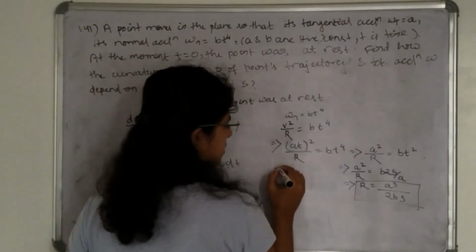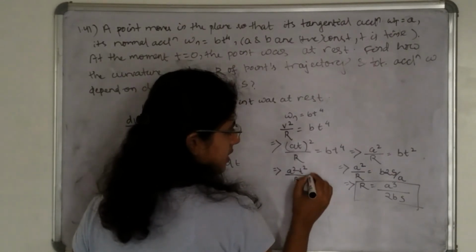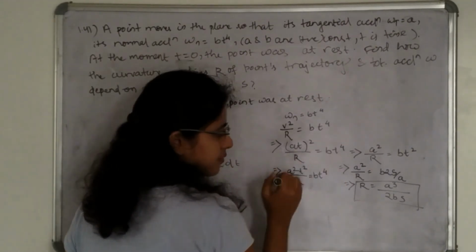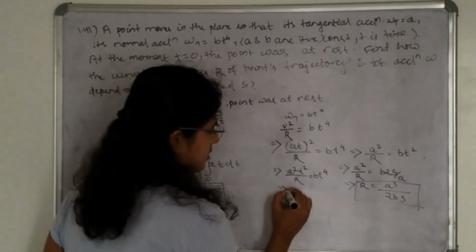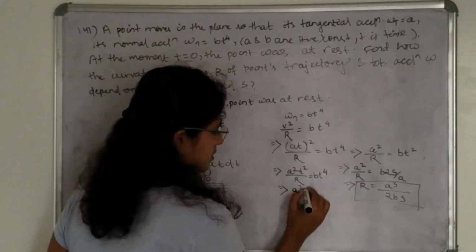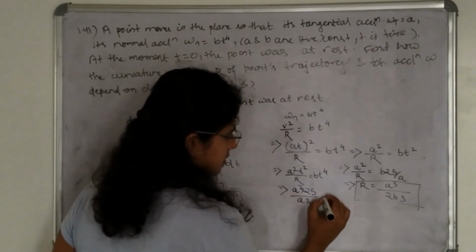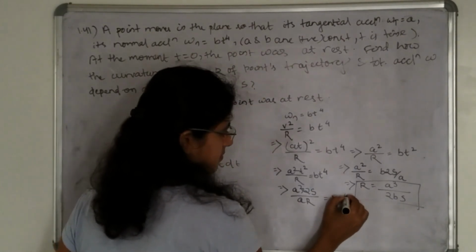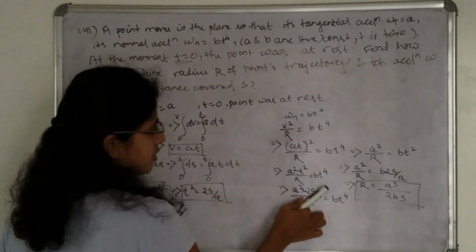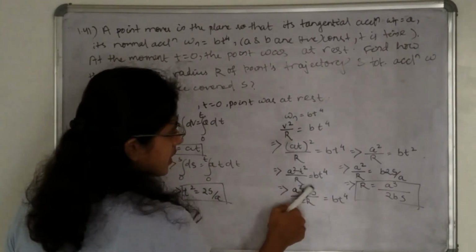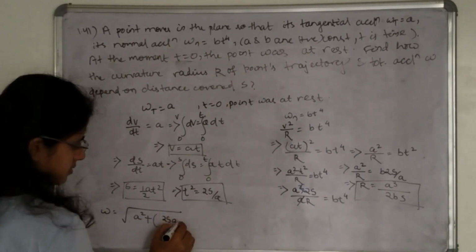That is, a square t square divided by r is equal to b t to the power 4. t square value is 2s divided by a. That means the normal acceleration value will be how much? 2sa divided by r. Simply put this here.